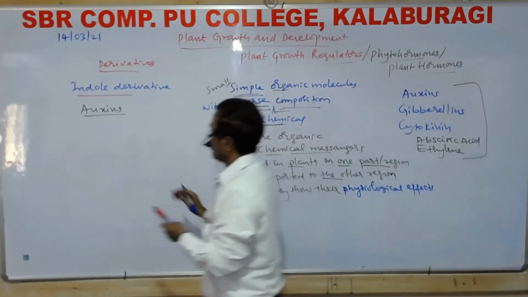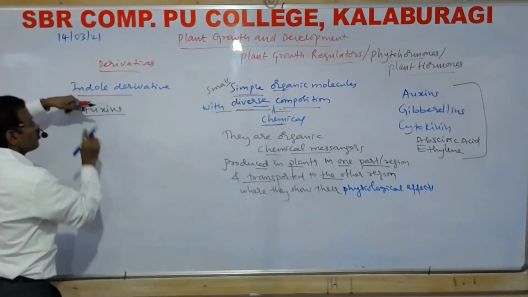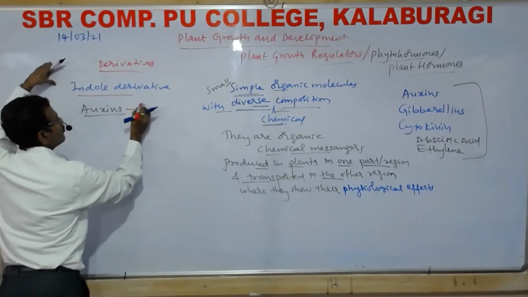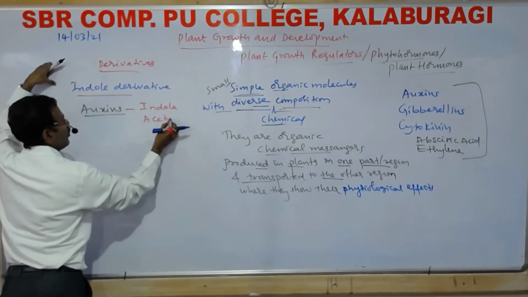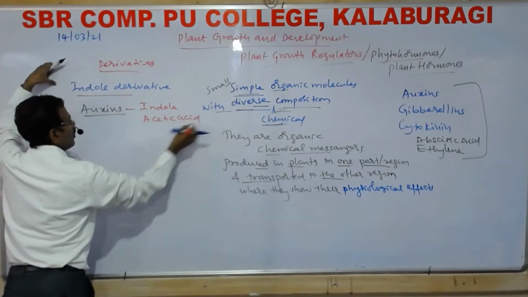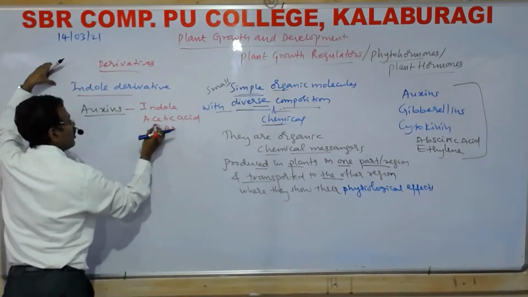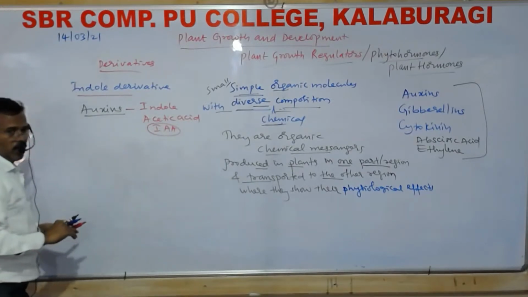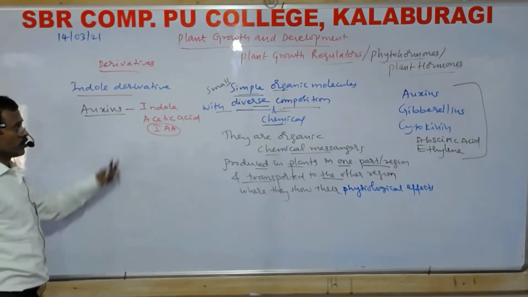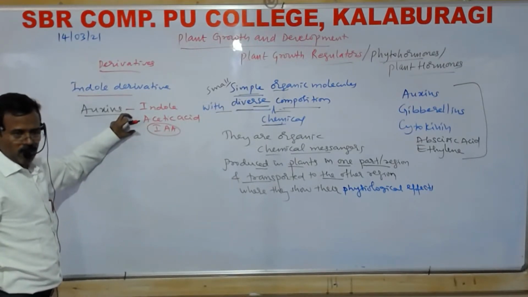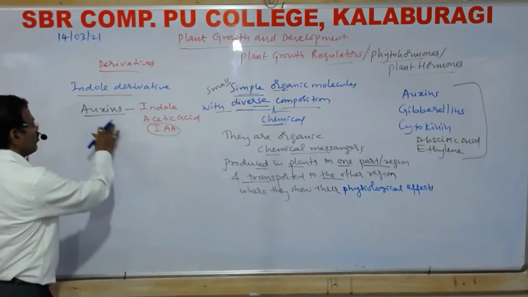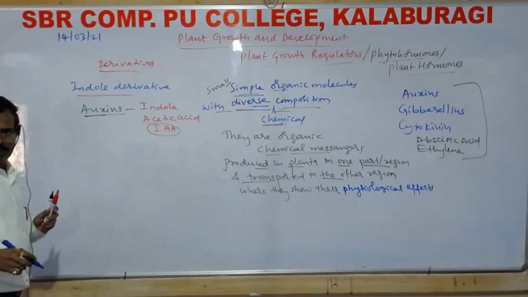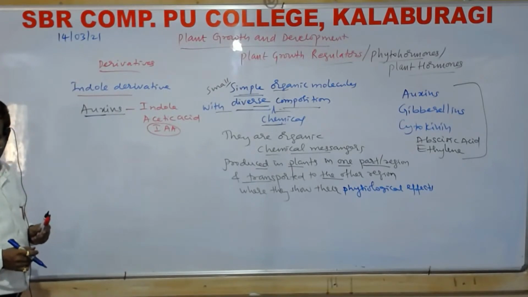So auxins are indole derivatives. Indole 3-acetic acid, IAA, is one of the naturally occurring auxins. In a simple way, you write indole 3-acetic acid or just indole acetic acid. Indole derivative auxins.